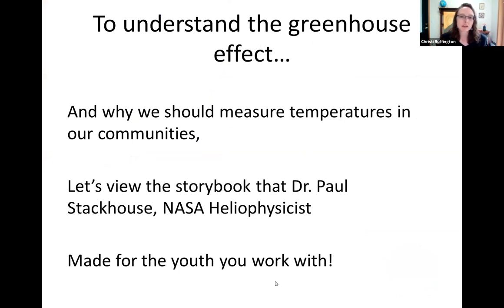So we want to understand the greenhouse effect and also provide all of you with resources you can use for your K through 12, and for those of you who teach undergrads, resources you can use in the classroom. We also want to share why we should measure temperatures in our communities.